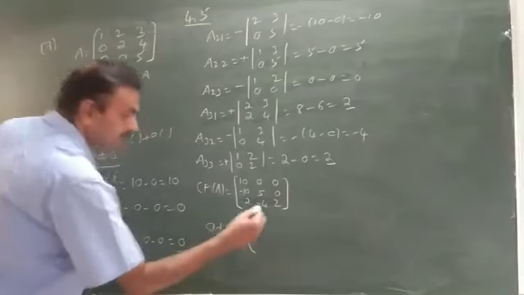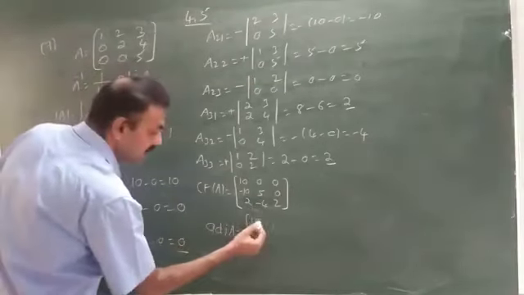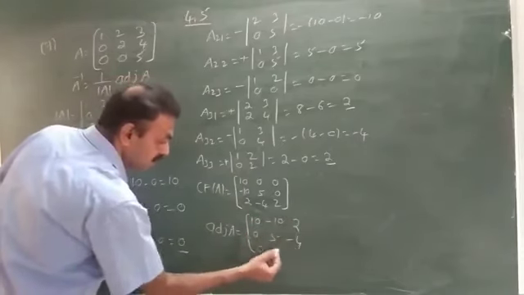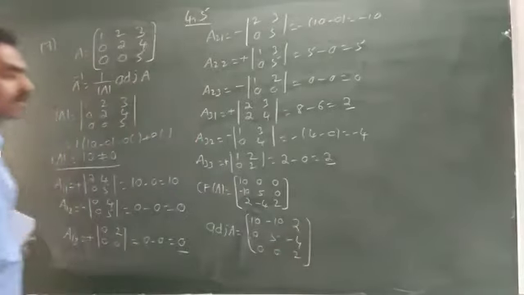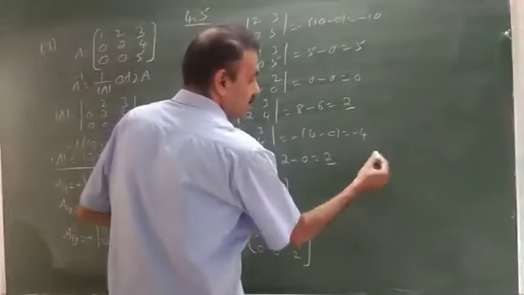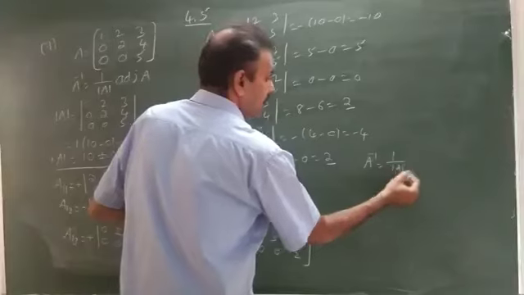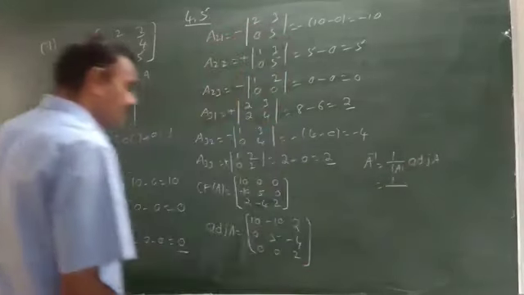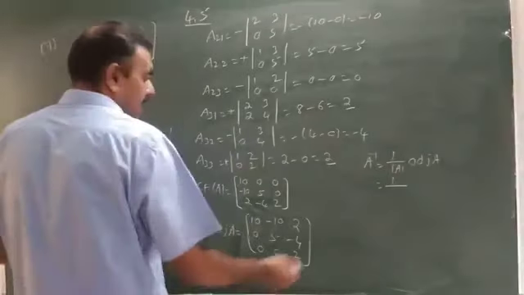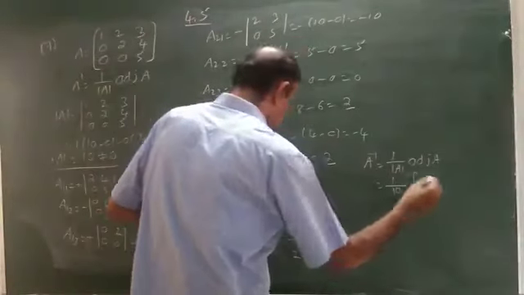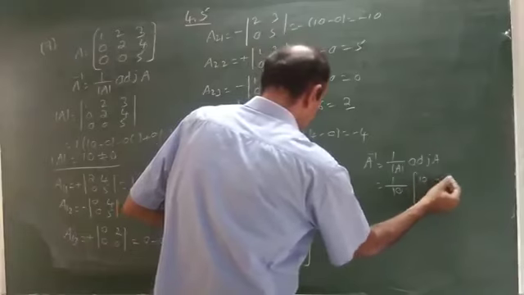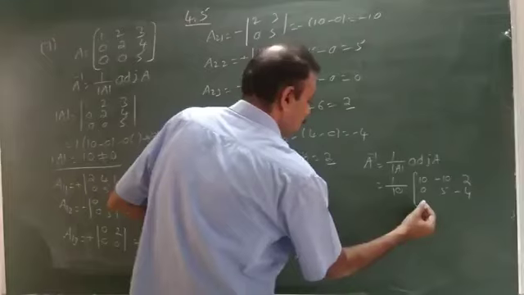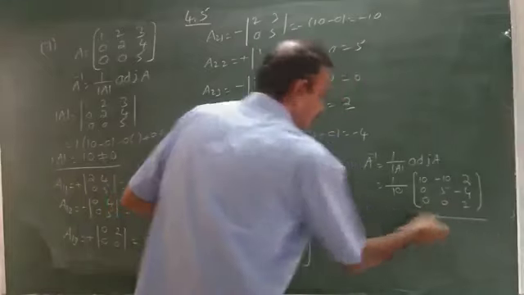Adjoint is the transpose of the matrix of cofactors: [10, minus 10, 2; 0, 5, minus 4; 0, 0, 2]. Now let us find A inverse, which is 1 by determinant A into adjoint A. Determinant A is 10, into adjoint A. This is what the adjoint is.